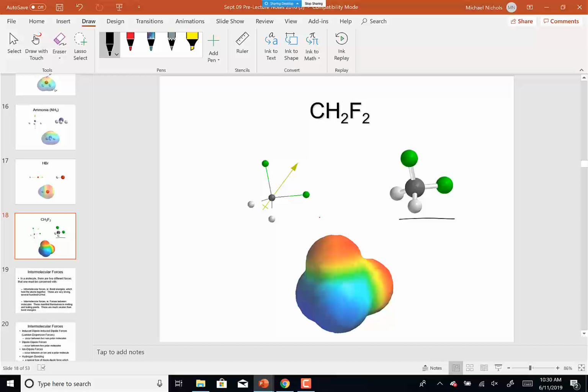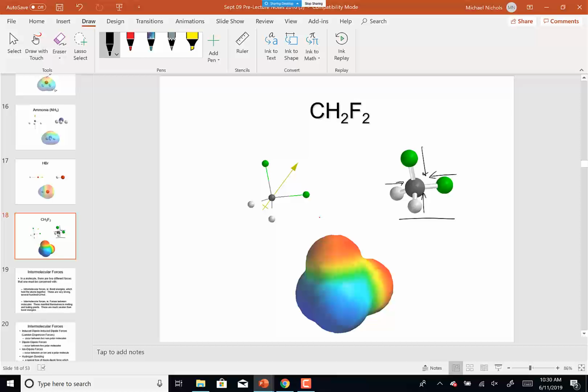So the carbon-fluorine bonds here would be in this direction. Then the carbon-hydrogen bonds would be in this direction. And you might say, well, those cancel out. And so here's where the geometry might break down, so we'll make it fairly simple.